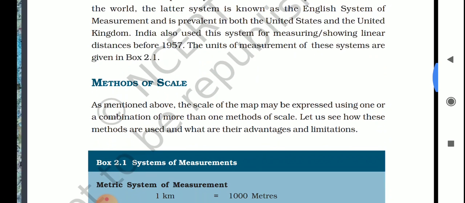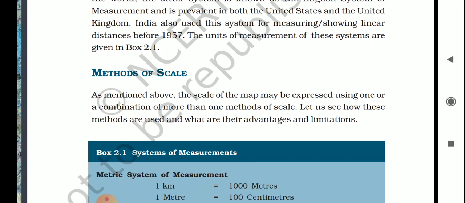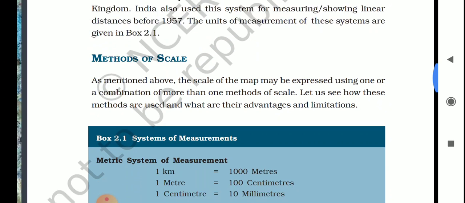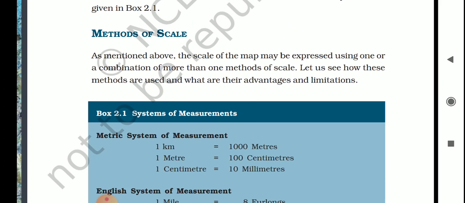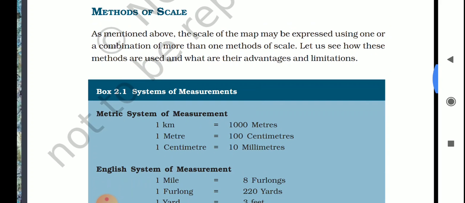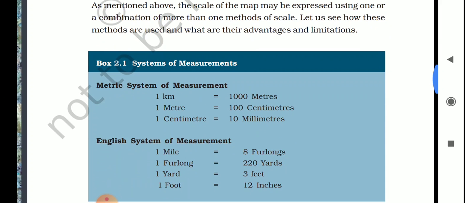Okay, before explaining these three ways, I just want to explain the methods of measurement. Generally we are using two systems. One is the metric system of measurement, and another one is the English system of measurement. In the metric system we use, for example, 1 kilometer is equal to 1000 meters.